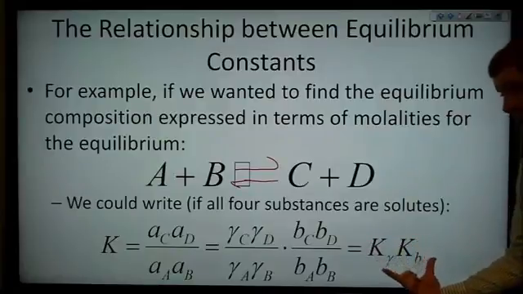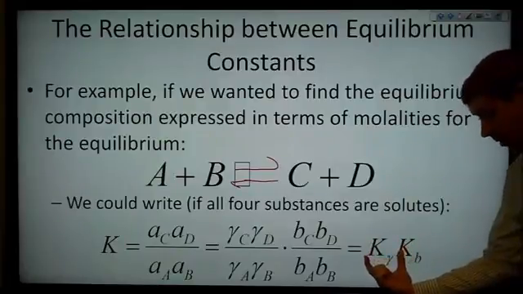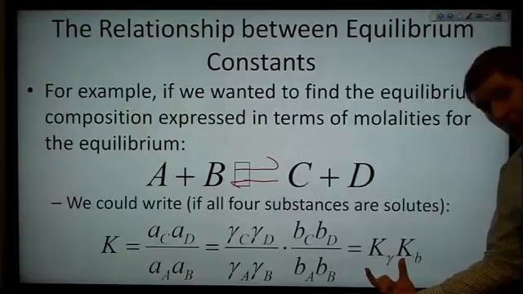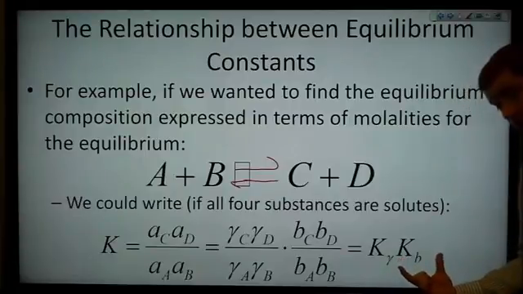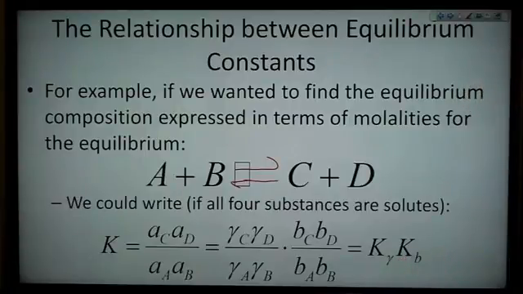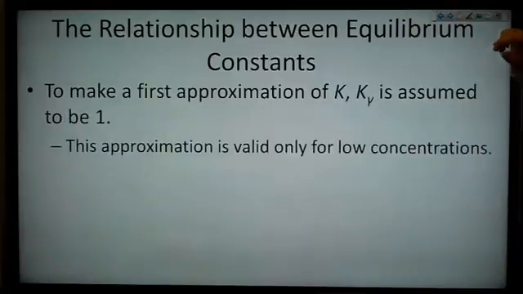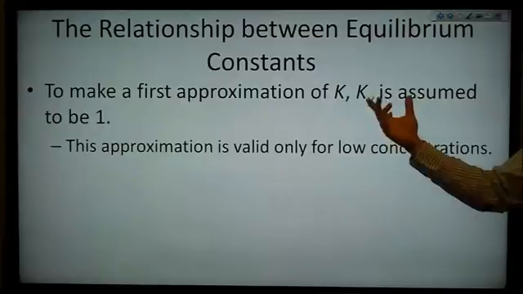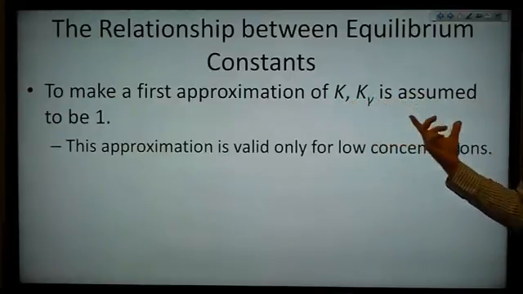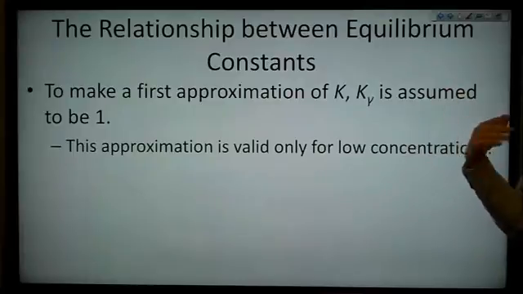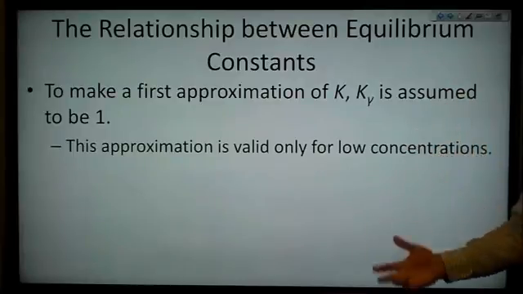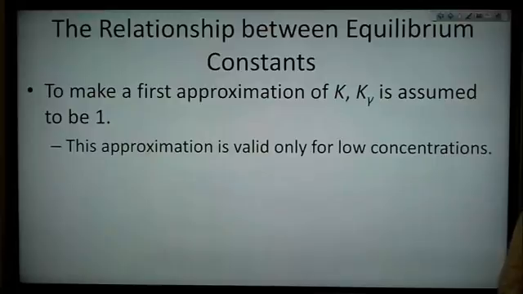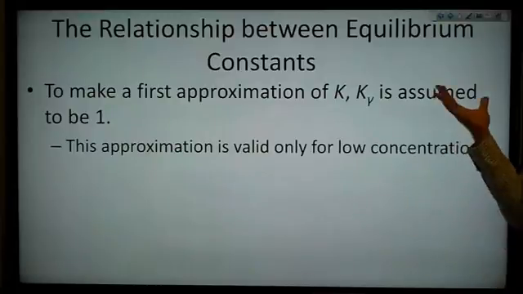And that then gives us two terms: K gamma using the activity coefficients and K b using the molalities. So to a first approximation for our equilibrium constant K, K gamma is assumed to be 1. Right? We're assuming that the ratio between our activities is 1. So note that this is really only valid at low concentrations.